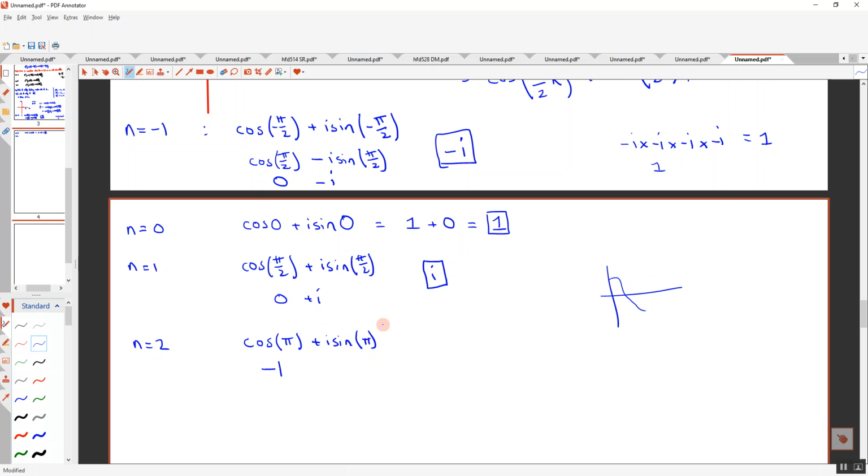Sine of 180 is 0, right? So we got -1. And that makes sense, because for the fourth root, we would expect, like we said, 1 and -1, but there has to be 4 roots, so i is the other one and -i is the other one.